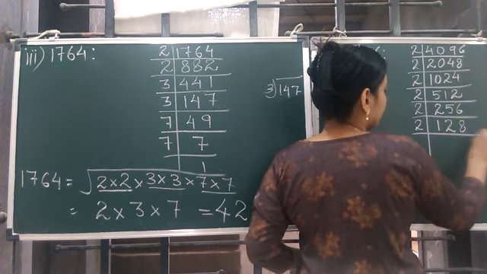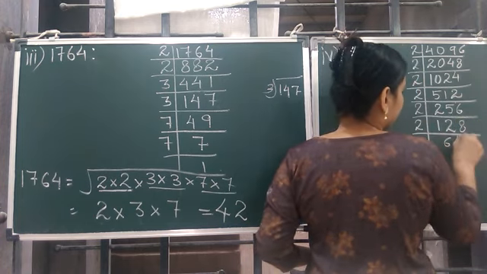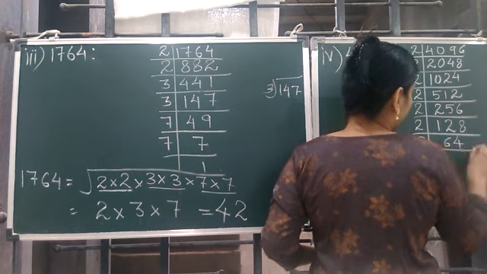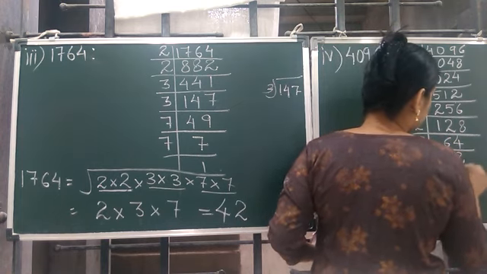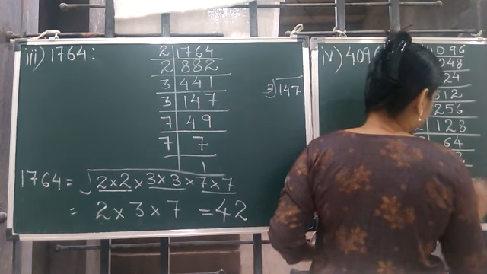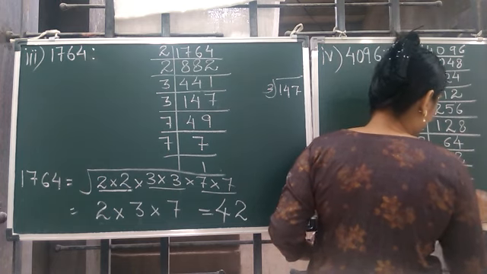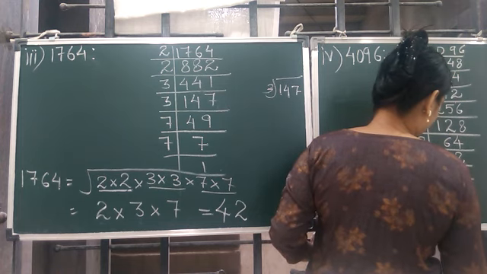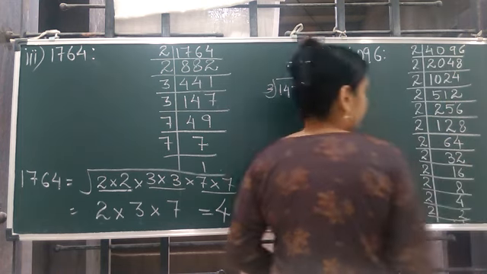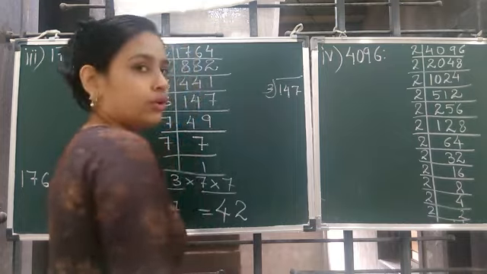Still by 2. 2 6s are 12, 2 4s are. Still by 2. 2 32s are, 2 16s are, 2 8s are, 2 4s are, 2 2s are, and 2 1s are, will give you 2.